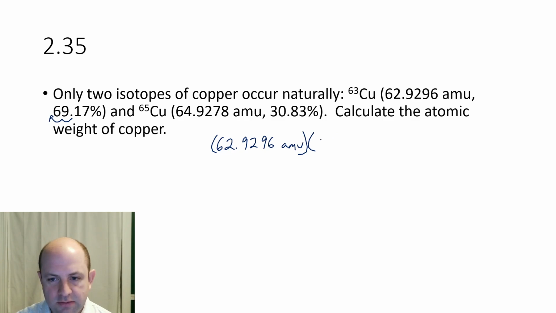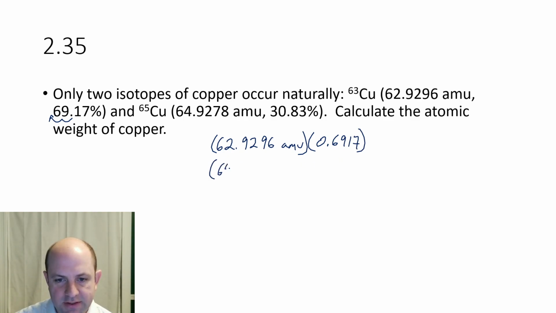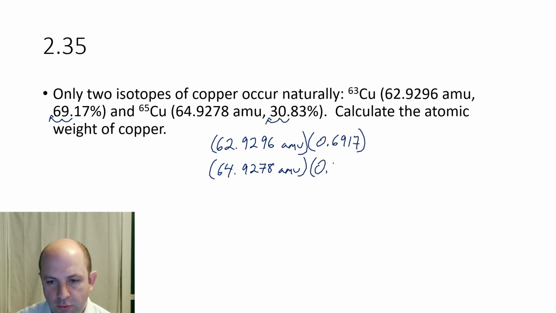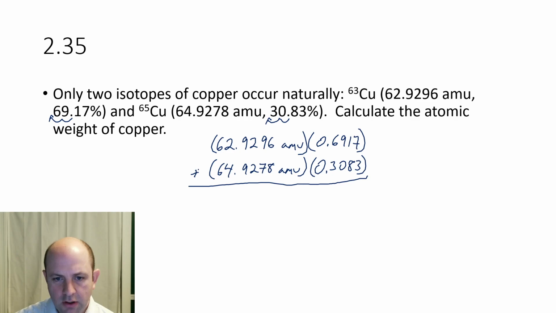So this will be times 0.6917. We're also going to take the second isotope, 64.9278 AMU, multiply by its abundance, but move that decimal twice. So 0.3083. And then once we get those 2 answers, we're going to add them up.